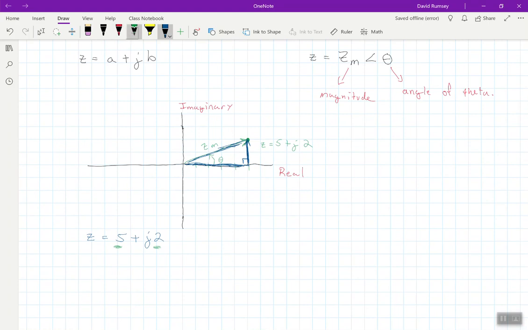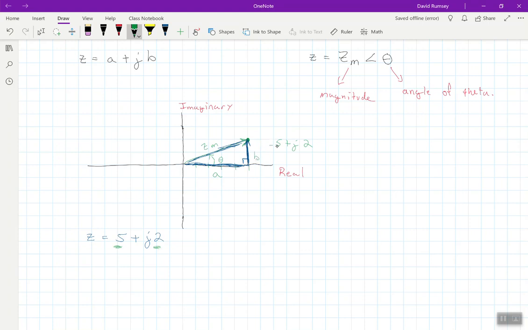If I think of this as the base of this triangle, that's how much I'm going out in the x direction. So really that is A. And the side opposite the angle, that's how high up I go. So that's really my B.